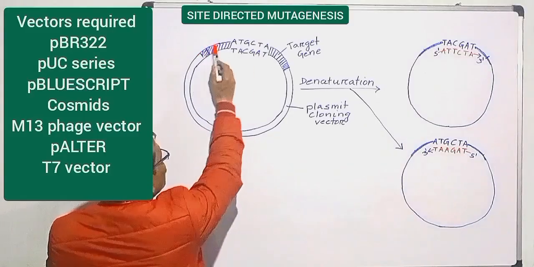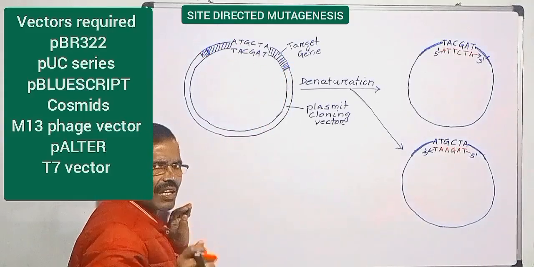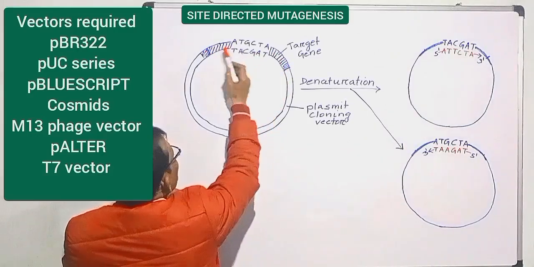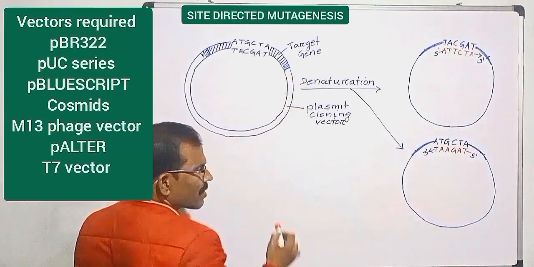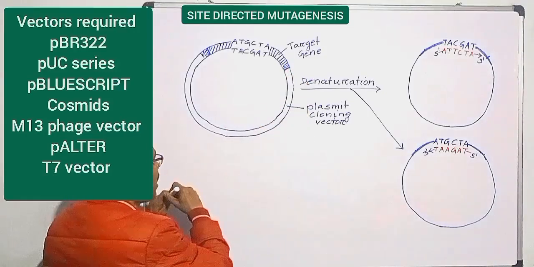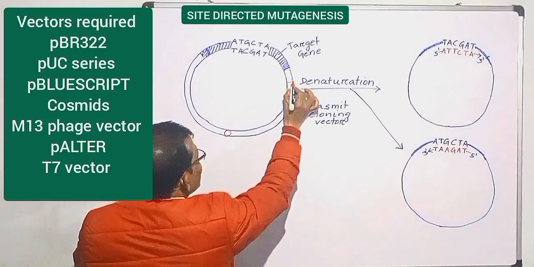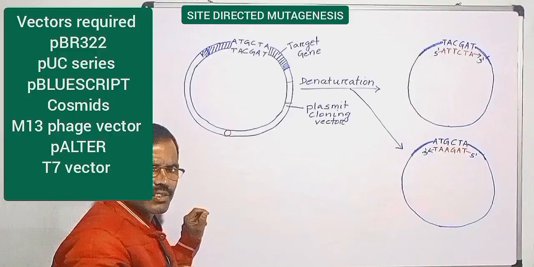So this is the specific gene whose function we want to investigate. Here the target gene has been inserted into a suitable cloning vector which should have an origin of replication, a selectable marker gene, and a multiple cloning site.